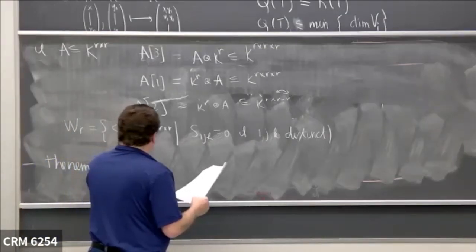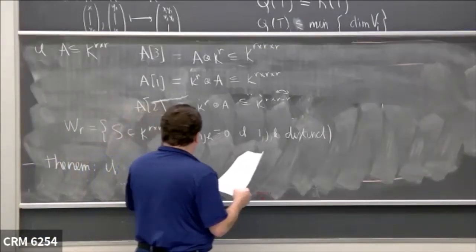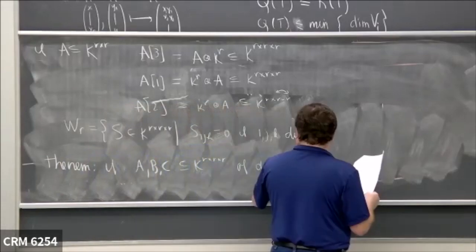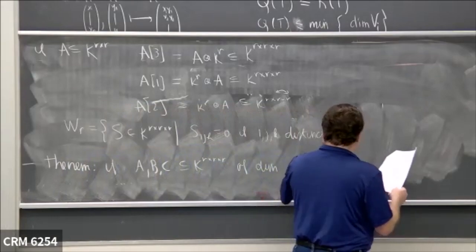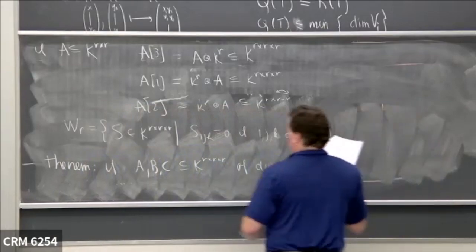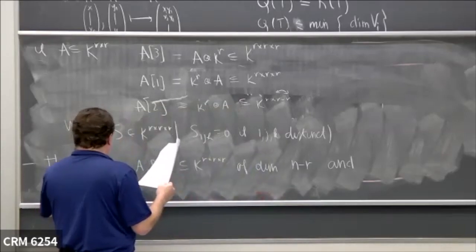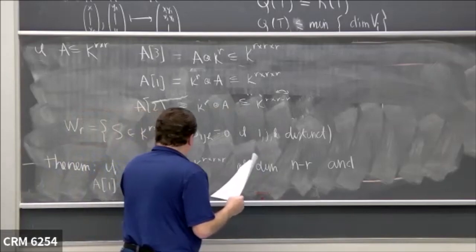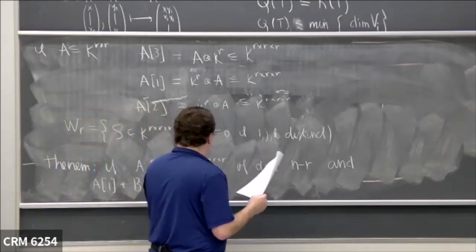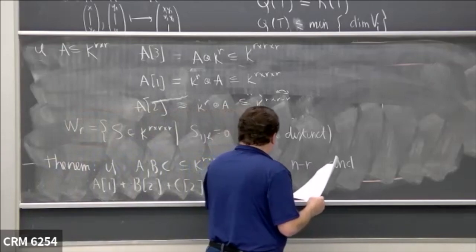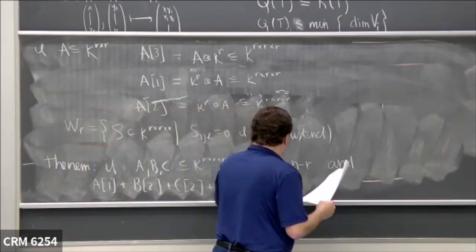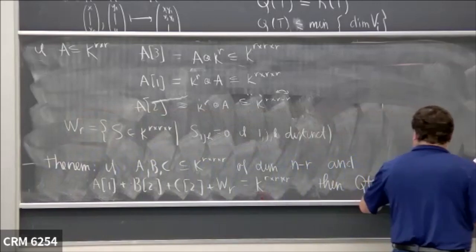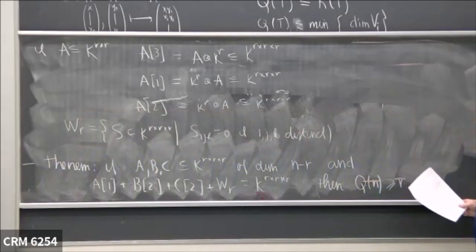If A, B, C in K R by R have dimension n minus R, and A1 plus B2 plus C2 plus this WR is K R by R by R, then the subrank of Qn is at least R. So this is how we get the lower bound.